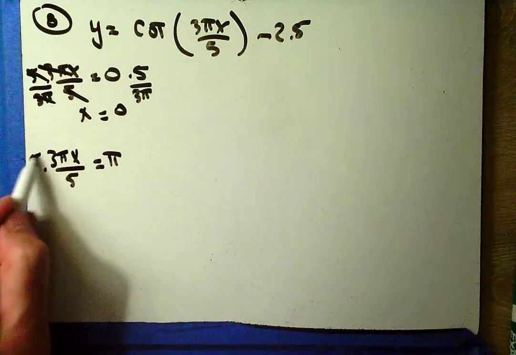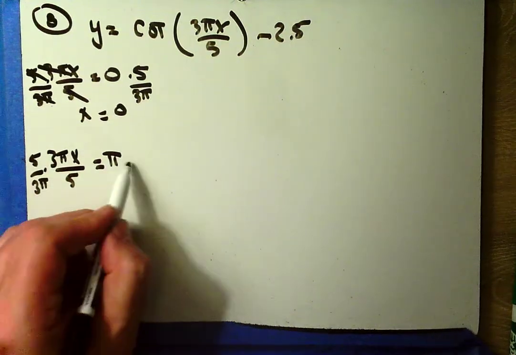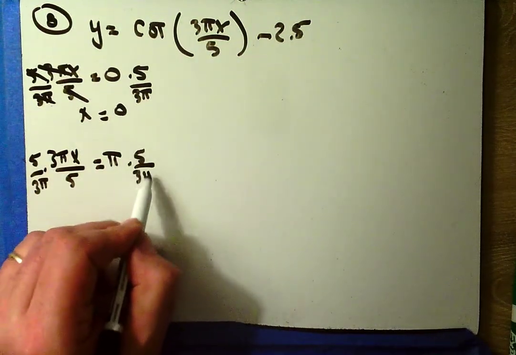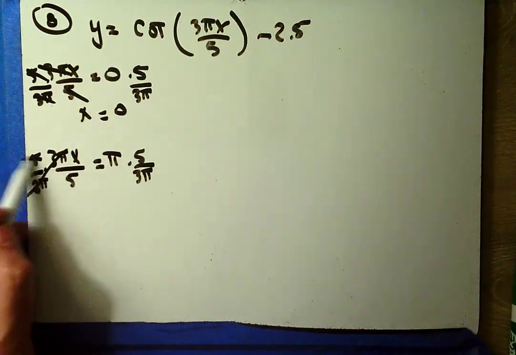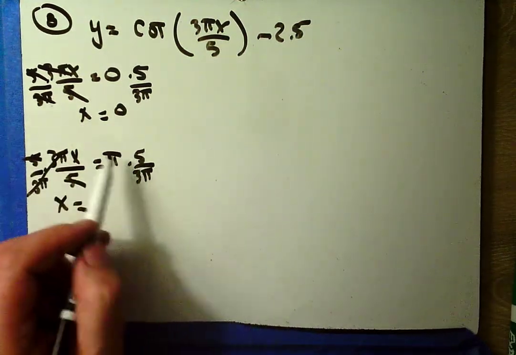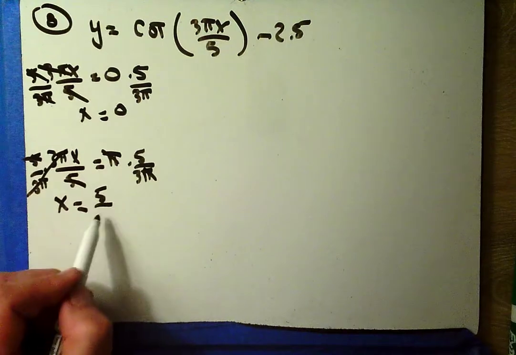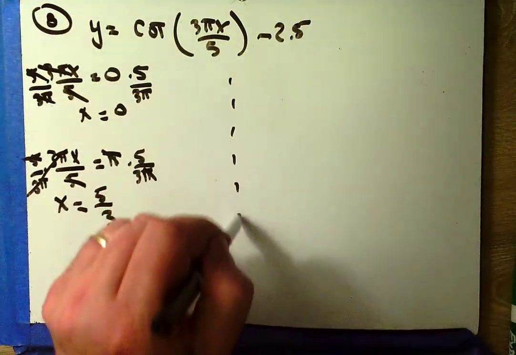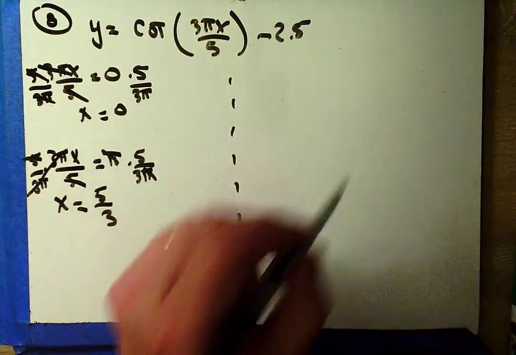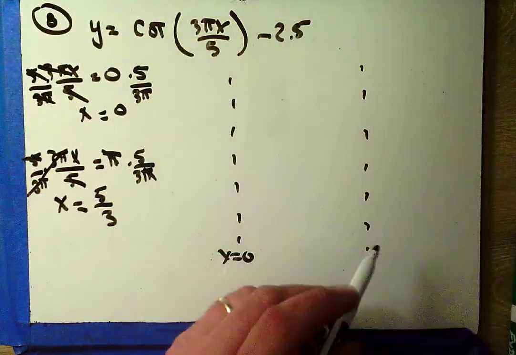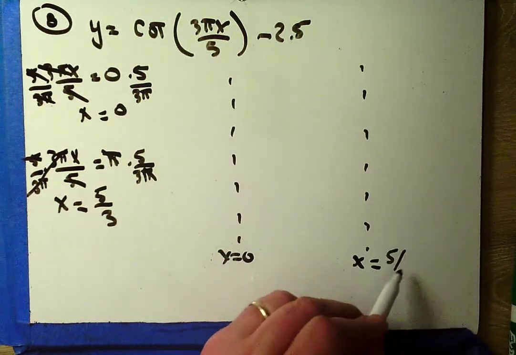Here, if I multiply by 5 over 3 pi, these cancel, I get x equals 5/3. So I have a vertical asymptote at x equals 0, and a vertical asymptote at x equals 5/3.